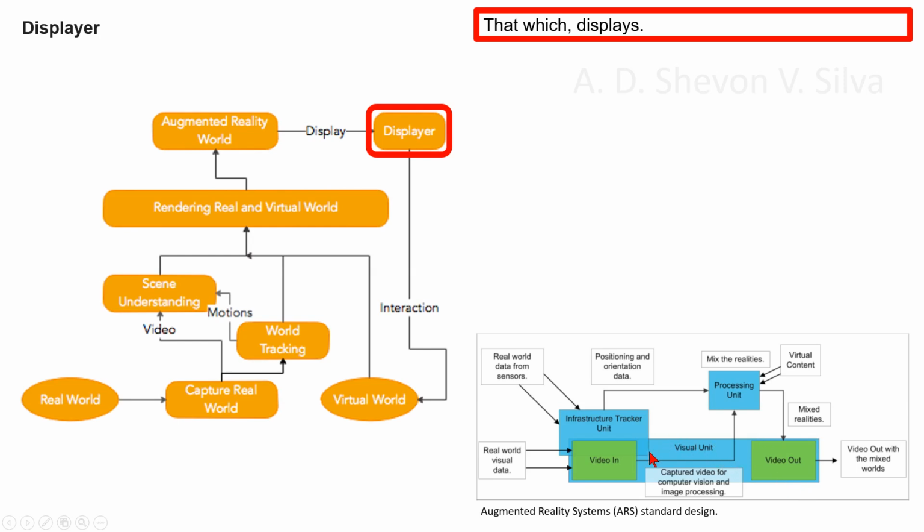The infrastructure tracker was responsible for collecting data from the real world, sending them to the processing unit, which mixed the virtual contents with the real content and sent the result to the video out module of the visual unit.